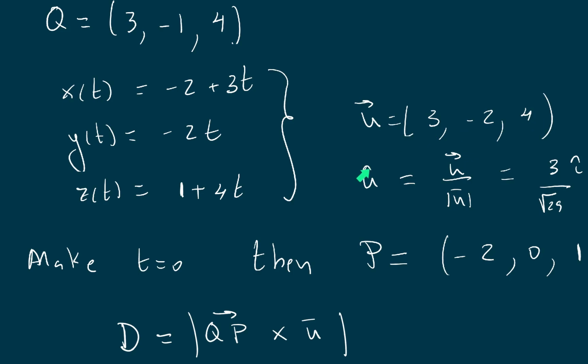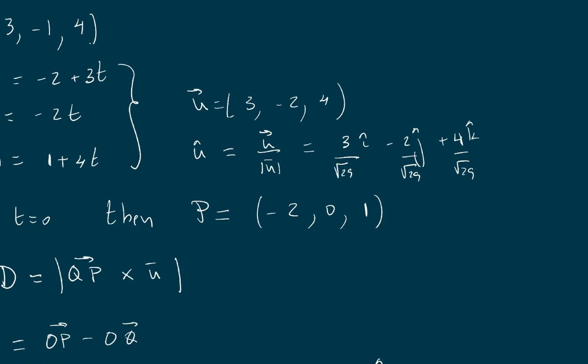So the directional vector is (3, -2, 4), but this is not a unitary vector, so we need to find U unitary by taking U and dividing by its magnitude. If we do it, we find that the unitary vector U in the direction of the line is 3 divided by square root of 29 i, minus 2 divided by square root of 29 j, plus 4 divided by square root of 29 k.